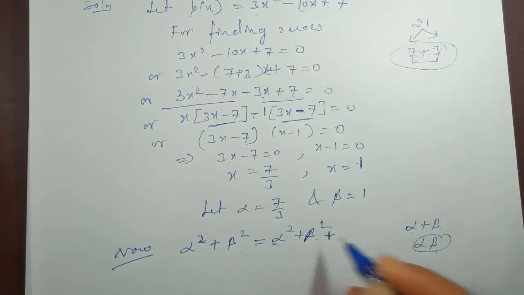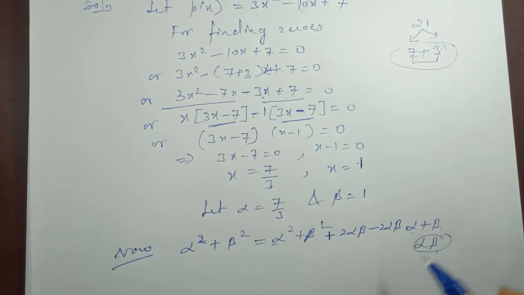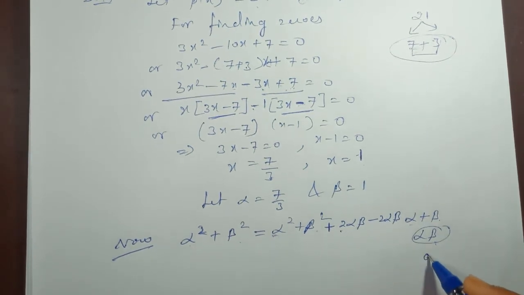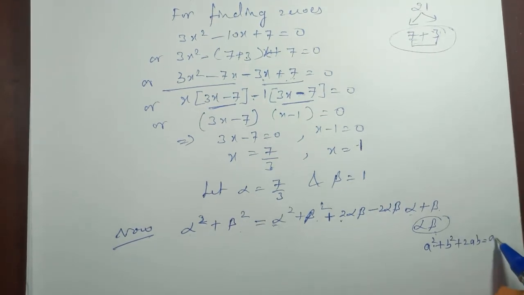So what we will do is add 2 alpha beta and minus 2 alpha beta. Why are we taking this? Because we know that a square plus b square plus 2ab is equal to (a plus b) whole square.